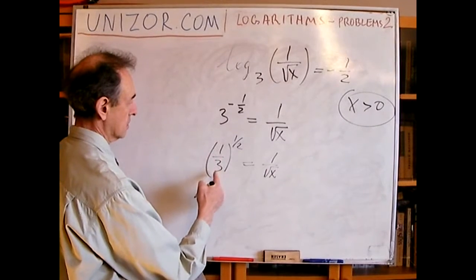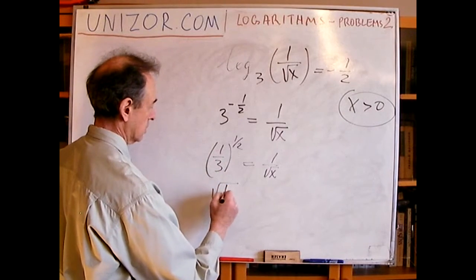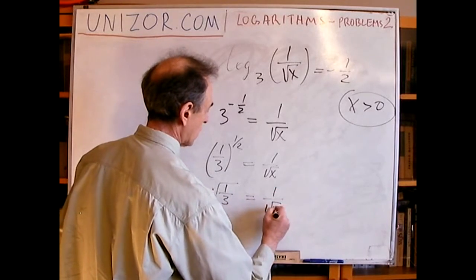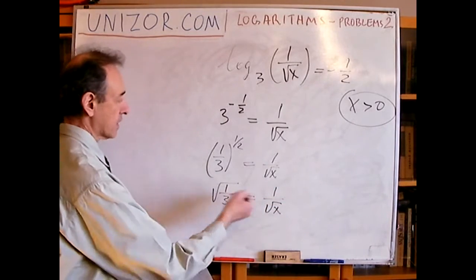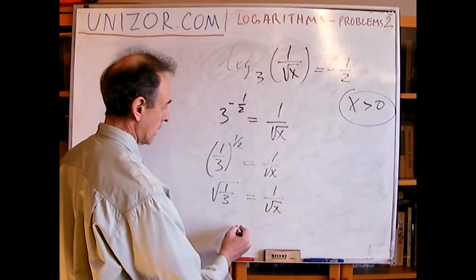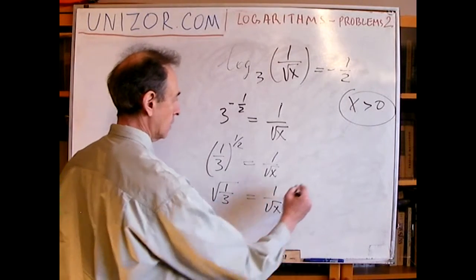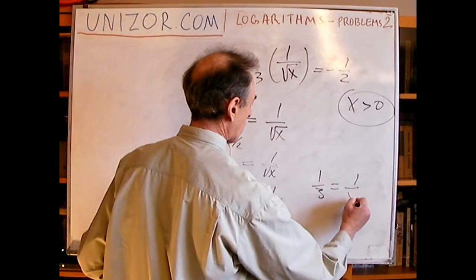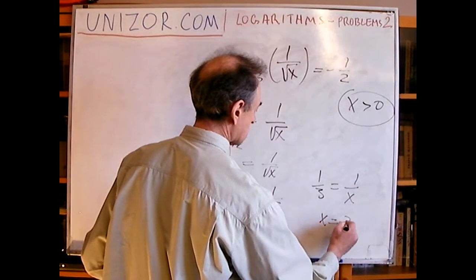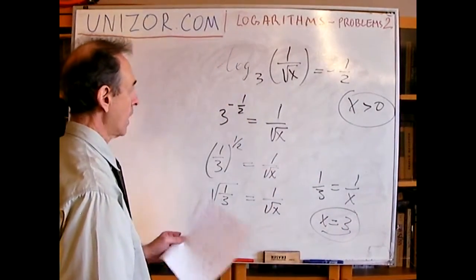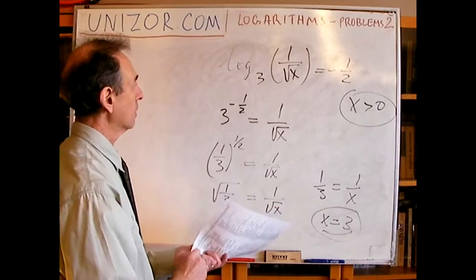This is square root of 1/3 is equal to 1 over square root of x. Now we can square both sides, and that would be 1/3 equals 1 over x, x equals 3, which is indeed a positive value. That's why it fits the bill.